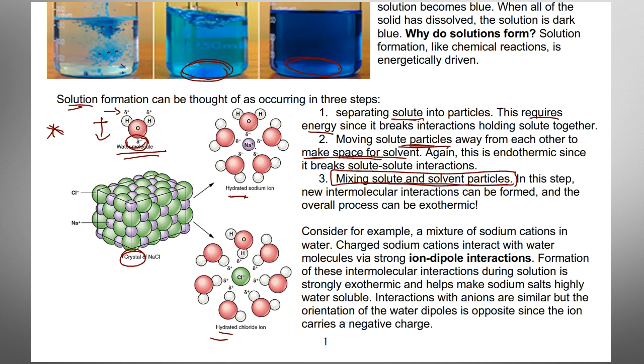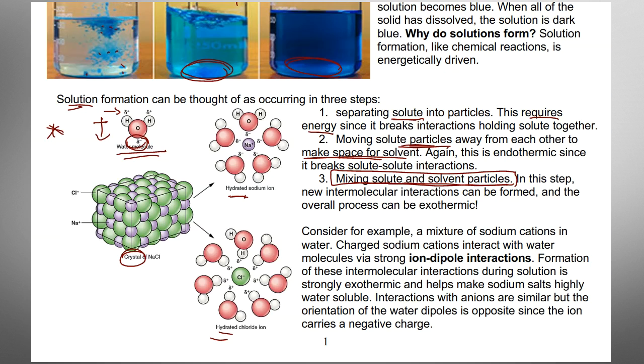On the right-hand side, we see a picture of a sodium cation surrounded by what we call a hydration sphere of water molecules. In essence, this is a collection of water molecules around the sodium cation that are all oriented such that the negative side of the water molecule, that is the oxygen, is pointing towards the sodium cation.